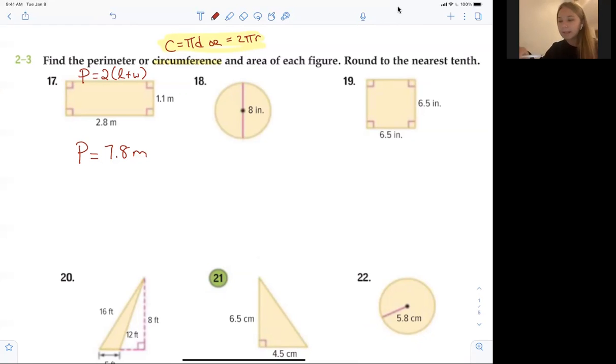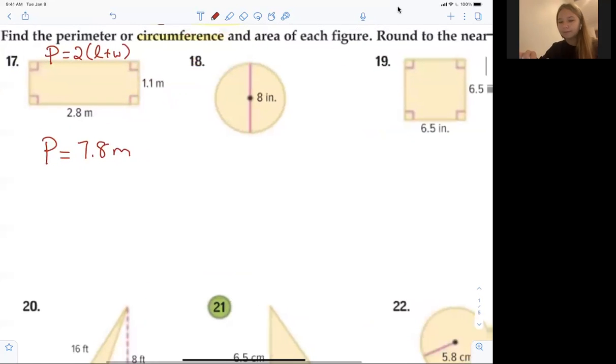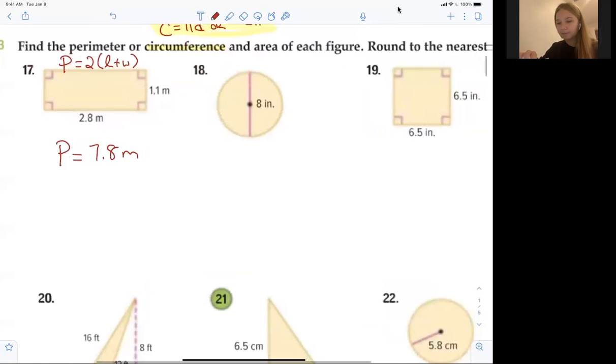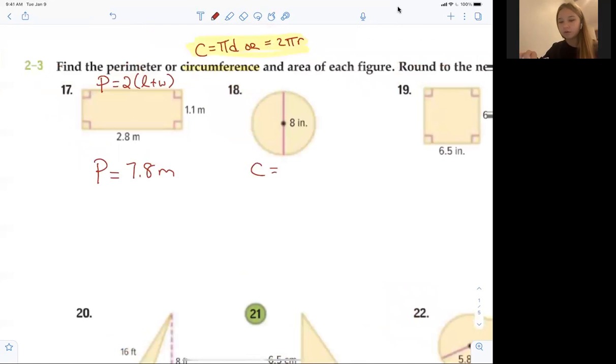Let's look at 18 real quick. Circumference equals what? Pi d. If you forgot it, write it down. So your circumference is equal to 8 pi, and we say 8 pi inches.